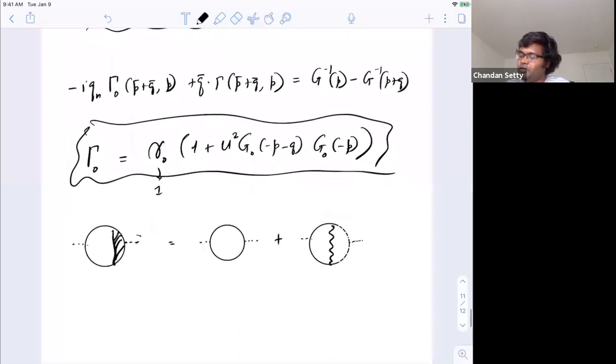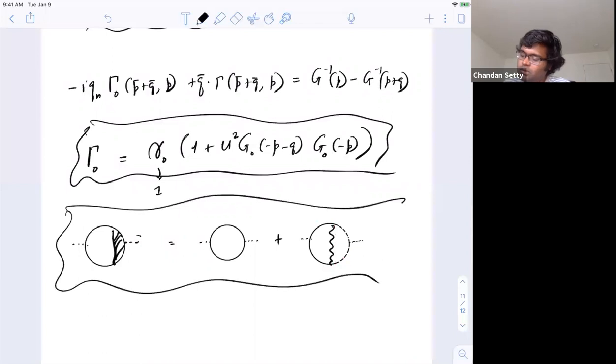Okay, so what I've done here is I've taken the bare pair susceptibility. This is a vertex correction, and the total vertex is simply the sum of the bare vertex or the bare susceptibility plus this correction term, where the dashed lines are the non-interacting Green's functions, and the solid line is the fully interacting Green's function. Okay, and this is exact. There is nothing more I need to add. So there is no dot dot or anything.